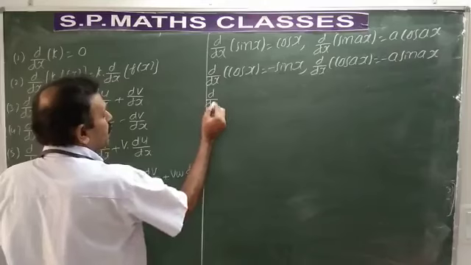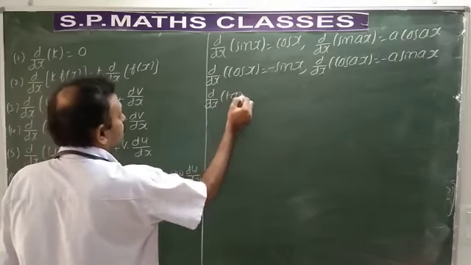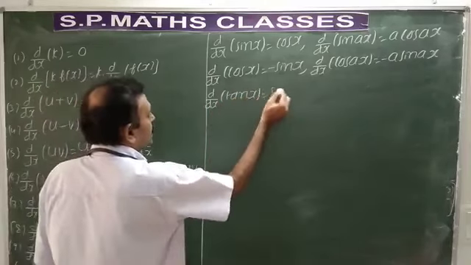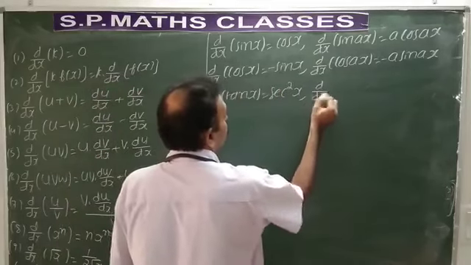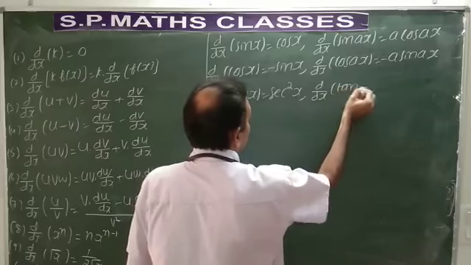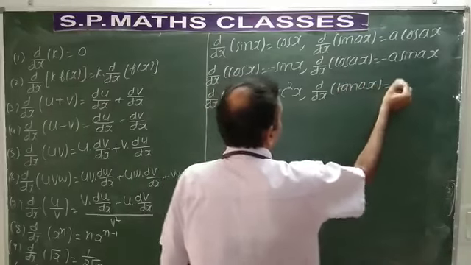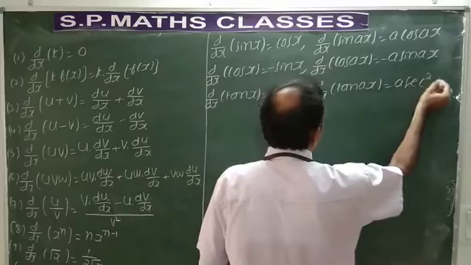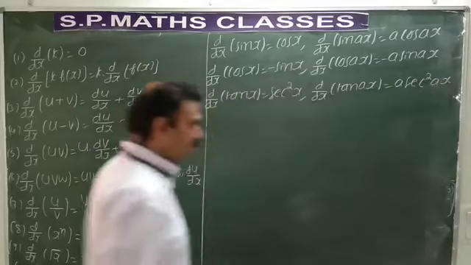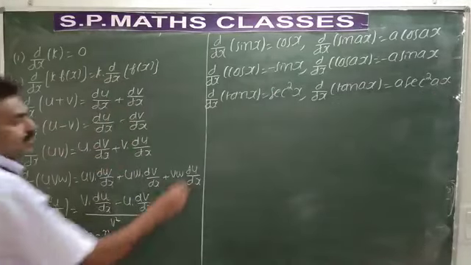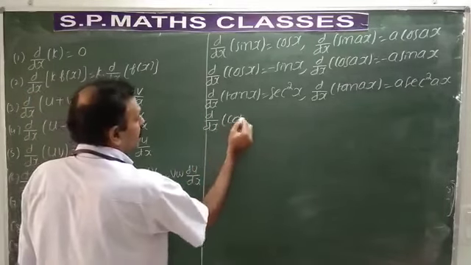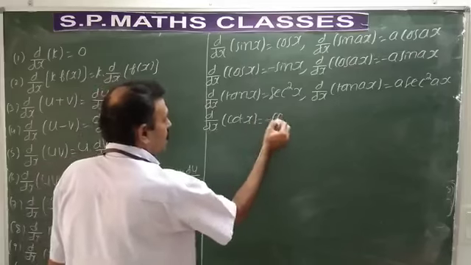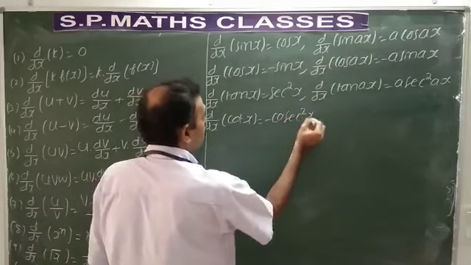Suppose d by dx of tan x. d by dx of tan x is secant square x. And if you want d by dx of tan ax, that is multiple angle, it is a secant square ax. You want d by dx of cot x, it is minus cosecant squared x.